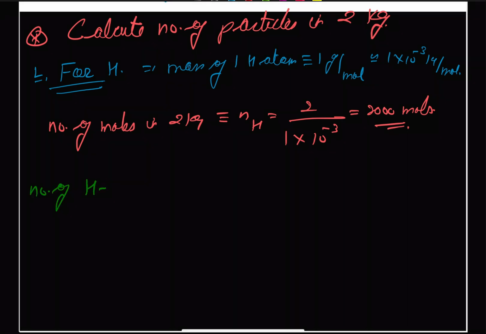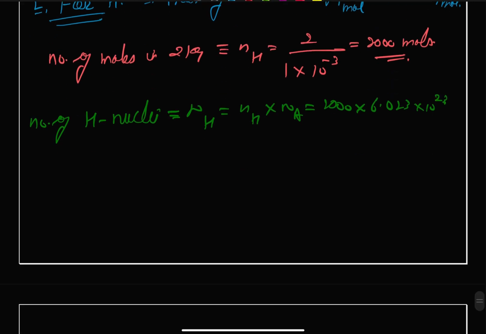Number of hydrogen nuclei, that is our capital N of H, is equal to N of H multiplied by Avogadro's number. It will be equal to 2000 multiplied by 6.023 into 10 to the power 23. So we get number of hydrogen nuclei is approximately 1.2046 into 10 to the power 27.